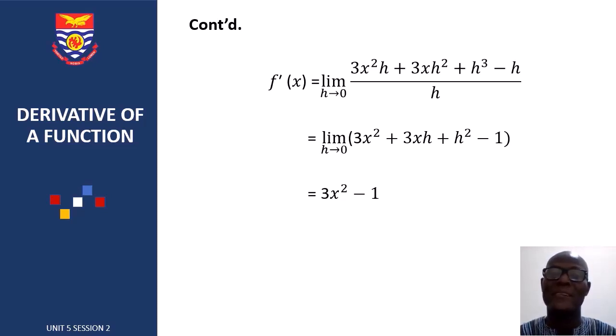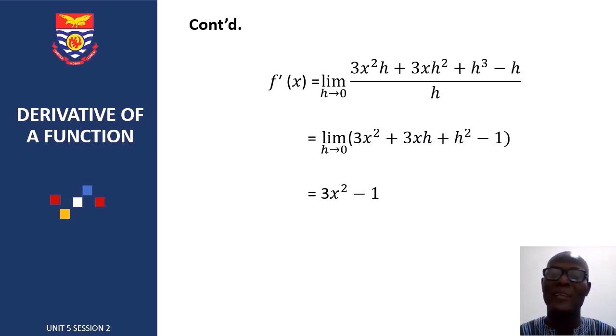The h cancels h, giving us the term 3x squared. Plus 3x h squared over h: the h squared divided by h gives h, giving us the term 3x h. Plus h to the power 3 divided by h gives h to the power 2, then minus h divided by h, which gives 1.